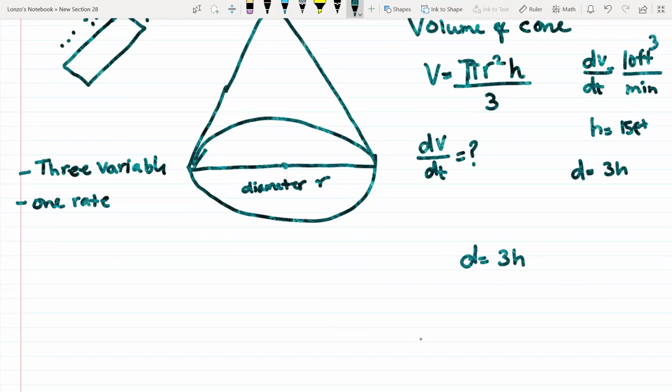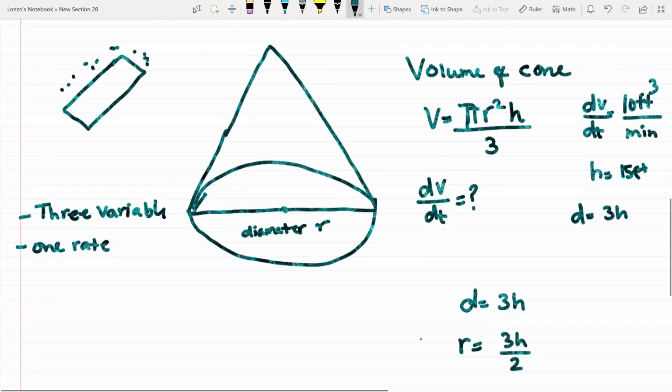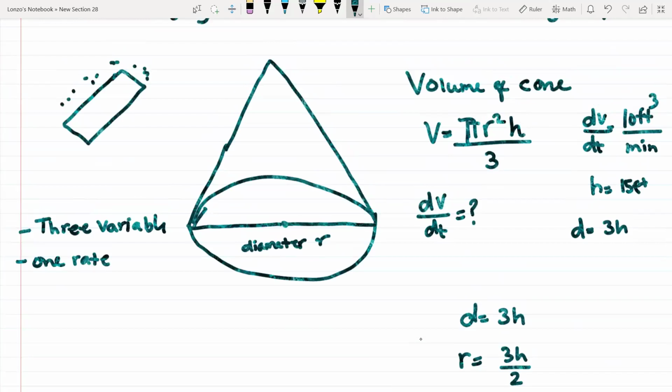So what would be the radius? Half of that, right? If the diameter is 3 times h, the radius is half of 3 times h, so that would be 3h over 2, or 3/2 h. So that's what I'm going to do: I'm going to substitute my radius.